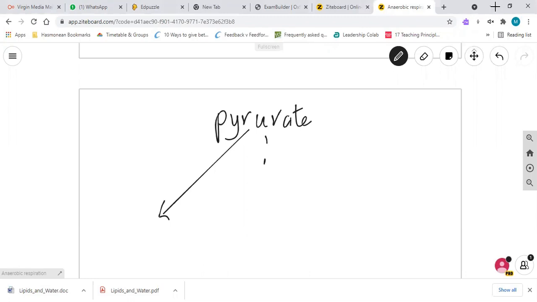So what the cell needs to do is convert that pyruvate to something else. Now, in the case of animals, which is the first one we'll look at, that pyruvate is going to be reduced. It's going to be reduced to lactate or lactic acid. It's the same thing.